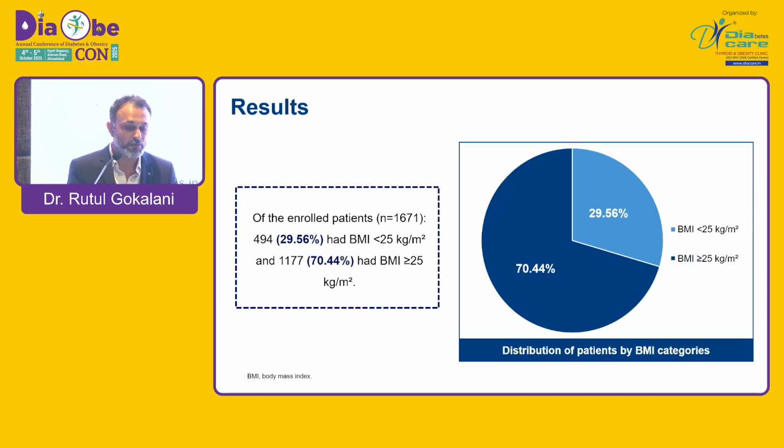So the results we found: of total enrolled patients, which was around 1671, around 30%, so around 500 patients, had BMI less than 25, and 1177, approximately 70%, had BMI more than 25.